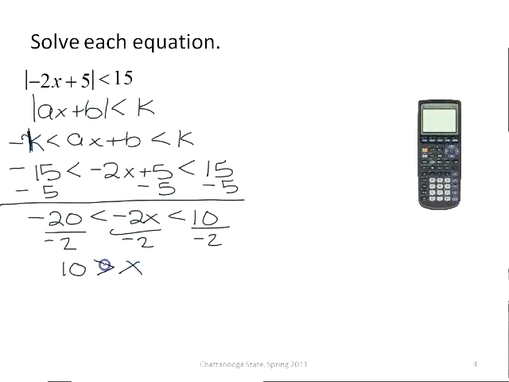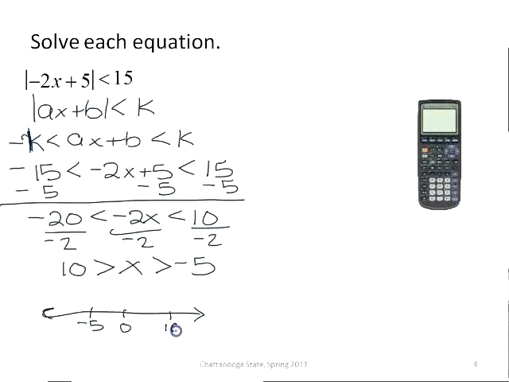So negative 20 divided by negative 2 is 10. When I divide by a negative, I reverse the direction of my inequality symbol. So I have 10 is greater than x, and now I reverse the direction of this inequality symbol to have x is greater than negative 5.